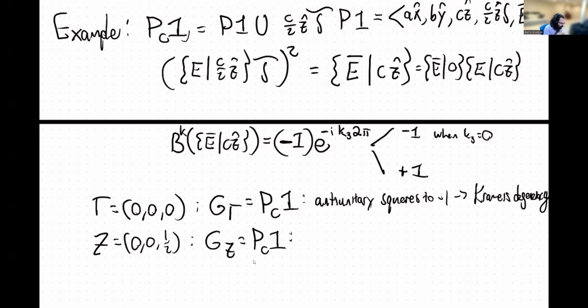At the Z point, we still have an anti-unitary symmetry, but it squares to +1. And that means we don't have any Kramers degeneracy.